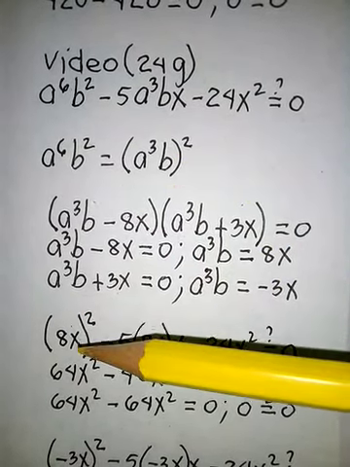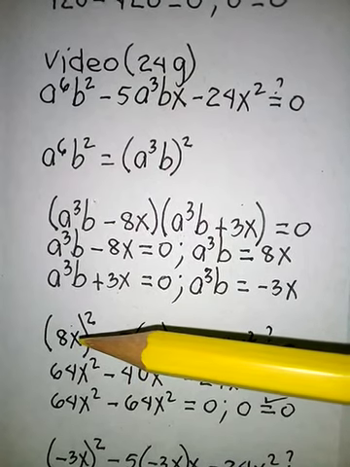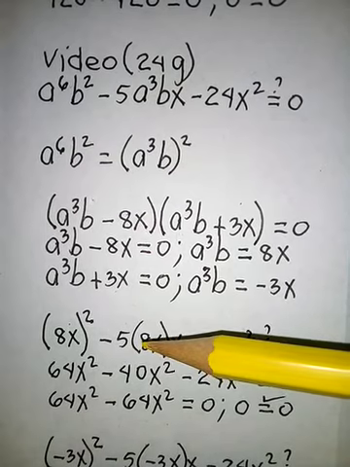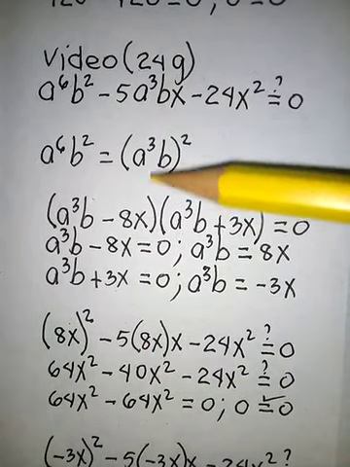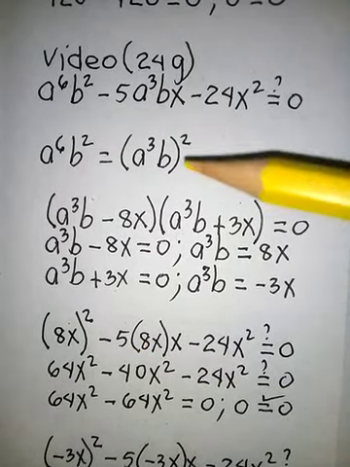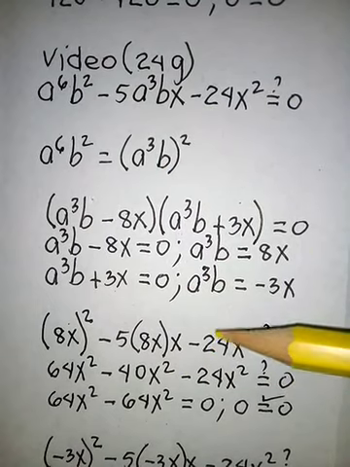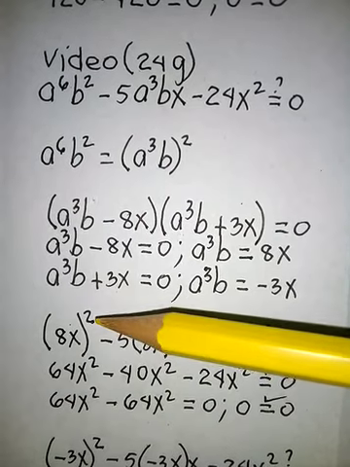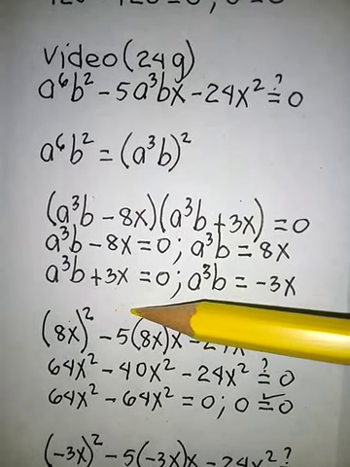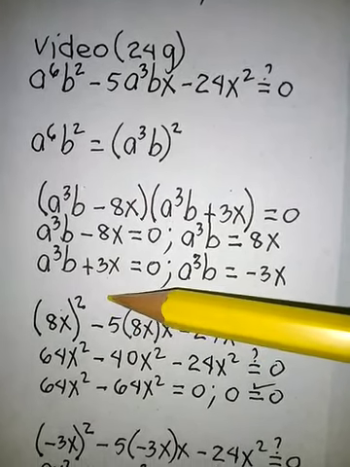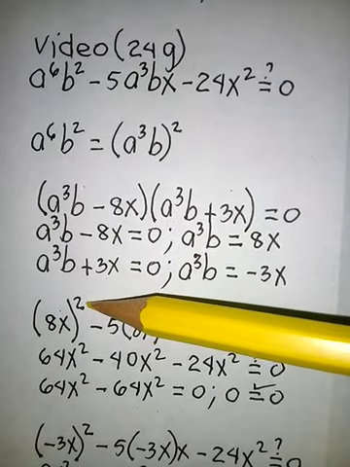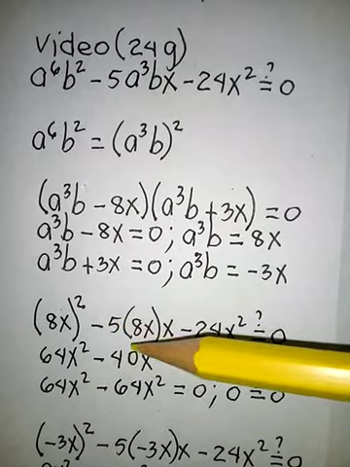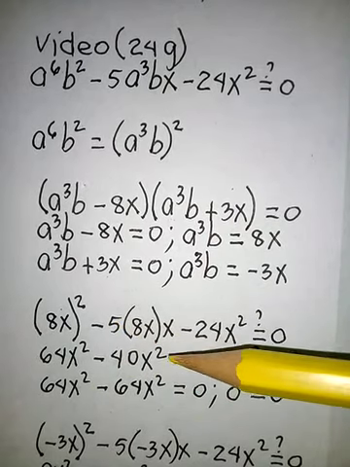a cubed b quantity squared, or 8x since this is equal to 8x, minus 5, and then a cubed b, which is again 8x, and then multiplied by x, minus 24x squared. Is this equal to 0? So, quantity 8x quantity squared is equal to 64x squared minus 5 times 8 is 40, and then x times x is x squared.